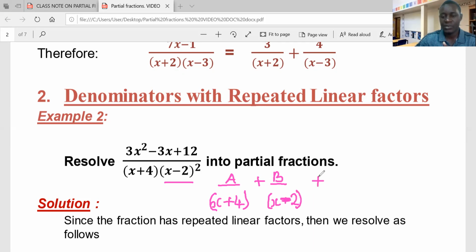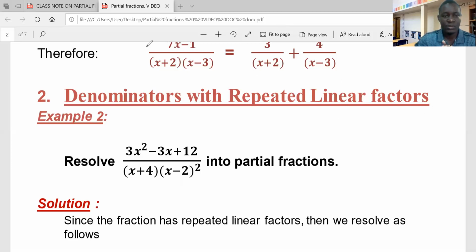Then we have plus c over x minus 2, this time to the power of 2. So that's the end of it. If it was to the power of 3, of course, we would have another fraction added. So this is what we are going to be working with, and we are going to be finding the values of the constants a, b, and c in the partial fraction that we have written here.